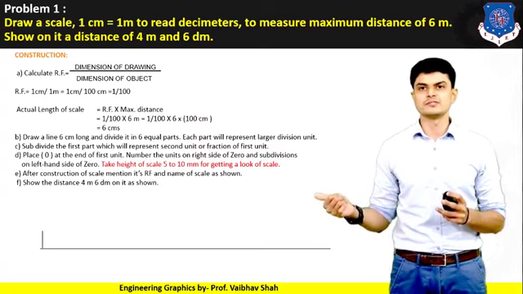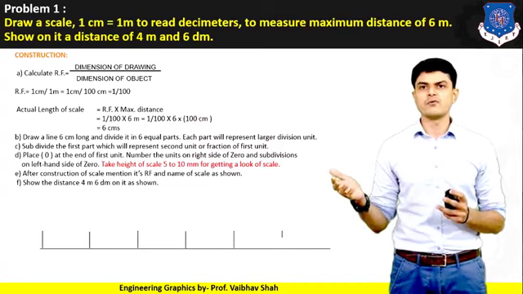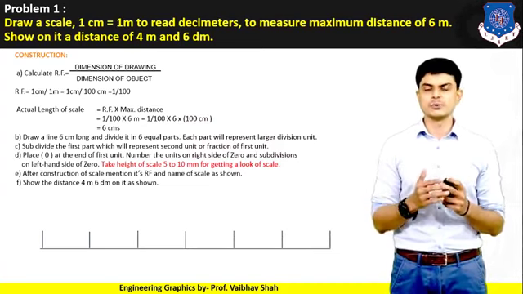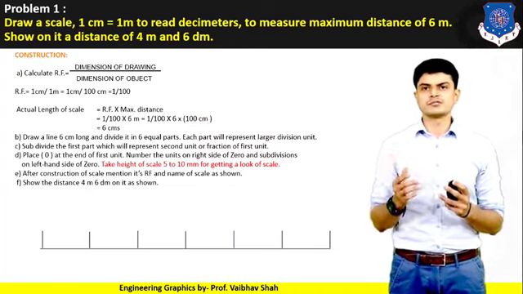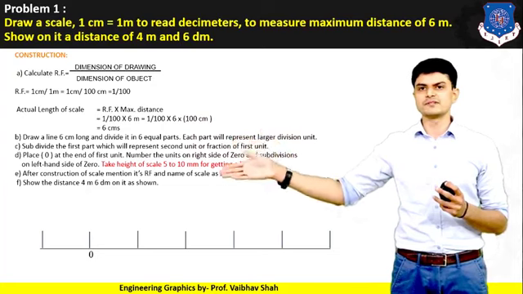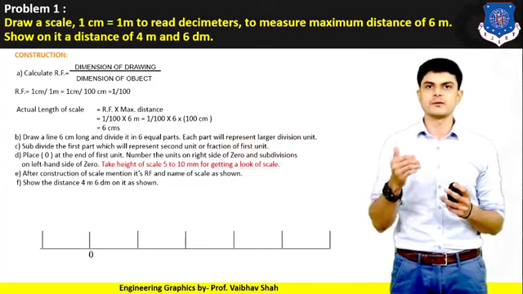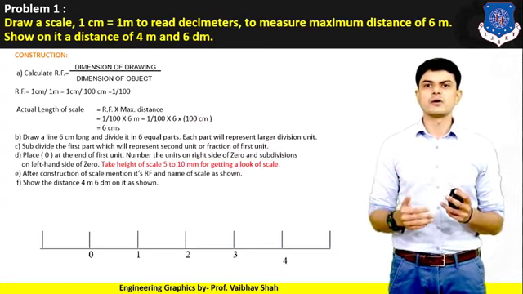So 0, 1, 2, 3, 4, 5 and 6. After dividing this line into 6 parts, we will give the numbering. We omit the first division like this and start numbering from 0 onwards. So 1, 2, 3, 4 and 5.